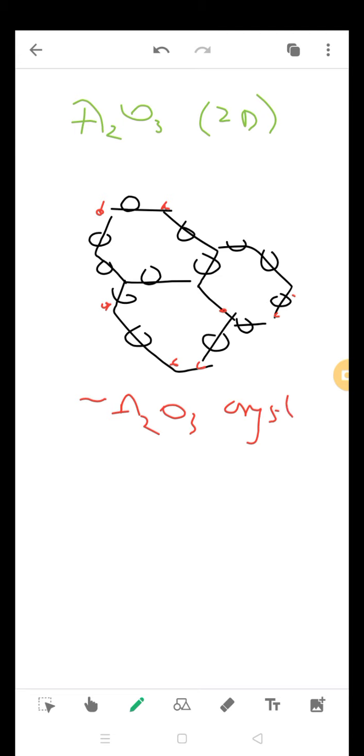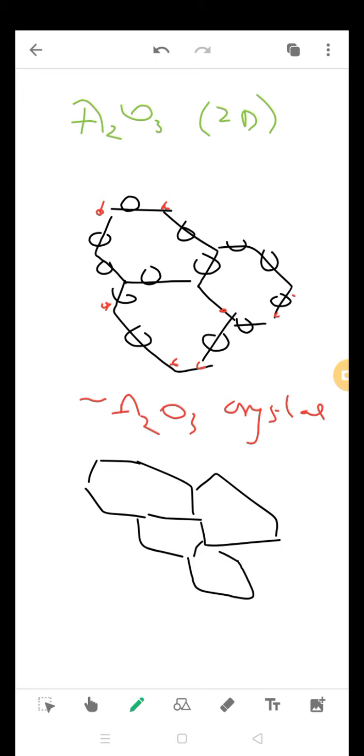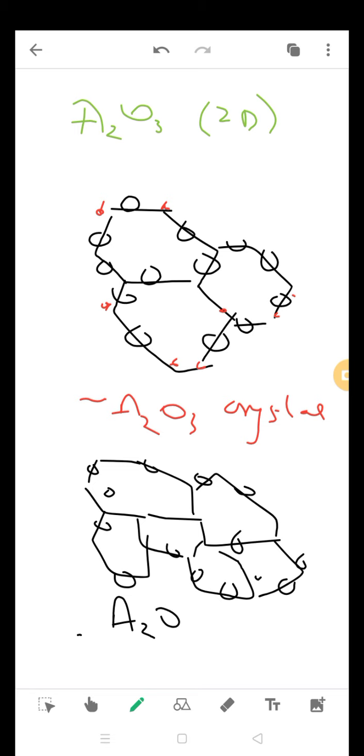However, if no such fixed geometrical pattern is maintained, for example, in this case we are drawing a hexagon, so instead of a hexagon we draw, say, any irregular shape like this, and again put the atoms in their places, then the structure that we get is the A2O3 glass. So a transition can occur with the simple movement of atoms.